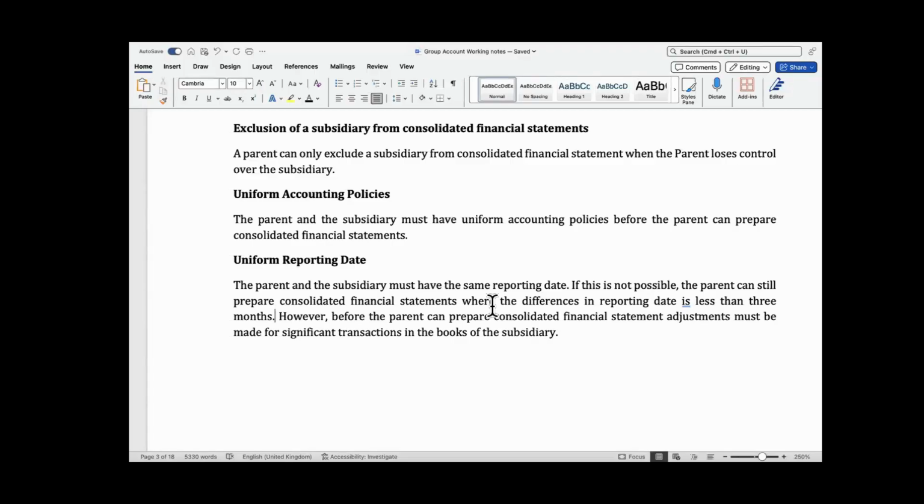So if the parent reporting date is December and your own is March, you can still consolidate, but you need to make some adjustments in those 3 extra months that you have. We need to adjust for significant transactions there, because what we want to see is the position of the group as at the reporting date of the parent. That's what we want to see.